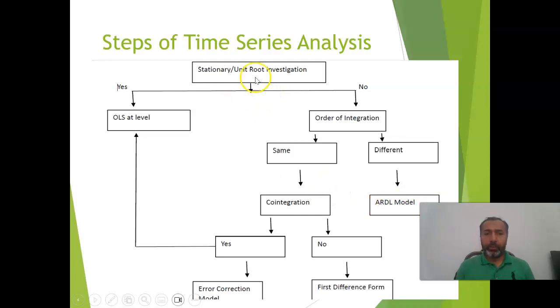However, if variables are non-stationary at level, but including the dependent variable, all variables become stationary at the same difference, whether first difference or second difference, but it should be the same for all variables, then we shall see whether those variables are co-integrated or not.